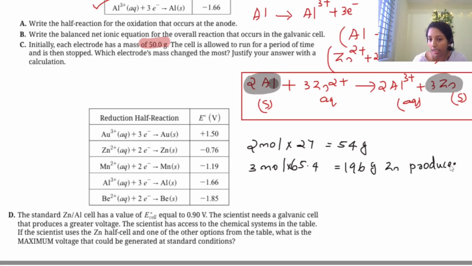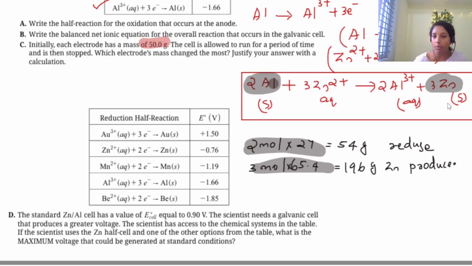So for each 54 grams of aluminum decreased, 196 grams of zinc is produced. Which one changes more? Zinc will have the greater change. You can justify it with this calculation, just stoichiometry.